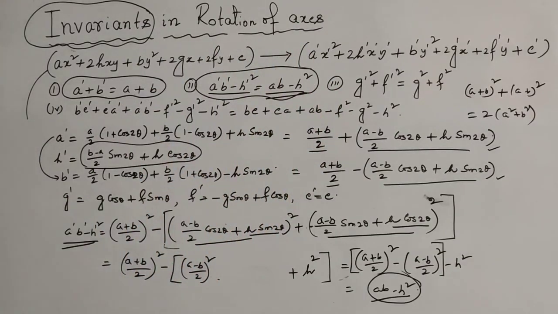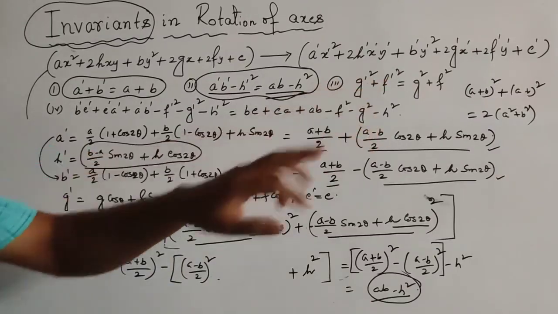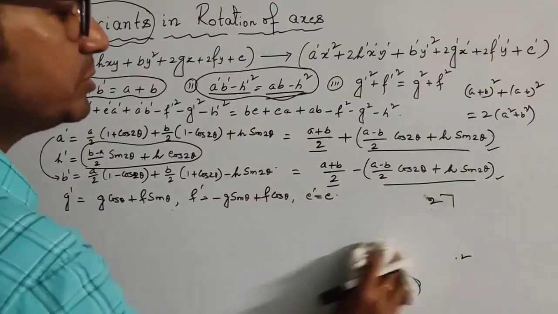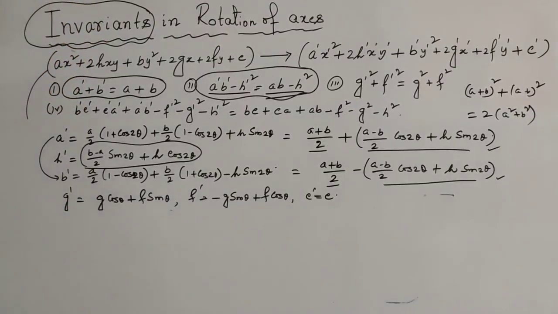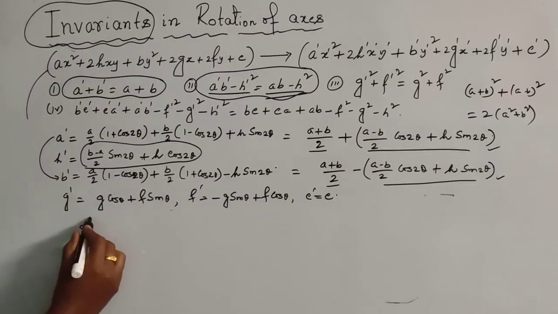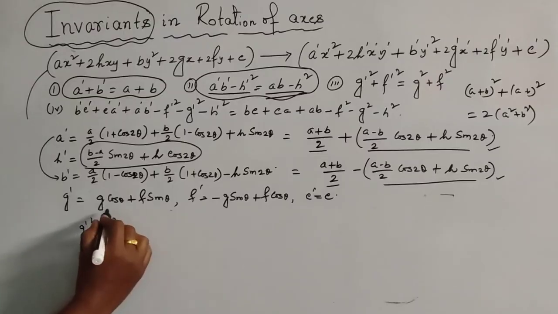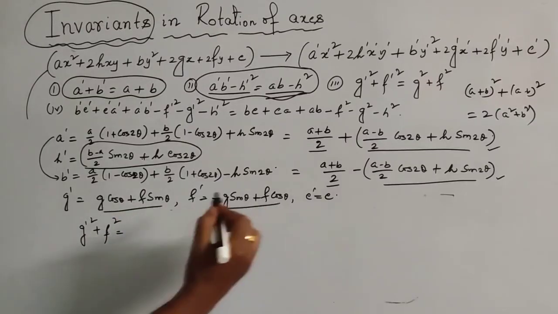Okay, now we go for g dash square plus f dash square. This is a very simple proof. g dash square plus f dash square means this square and this square.